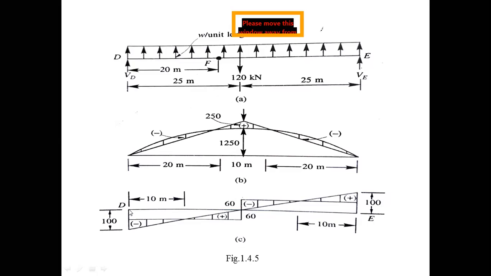So the total ordinate is 100. You connect these two lines. So this is the way of drawing the shear force diagram. Very simple case. Do you understand?